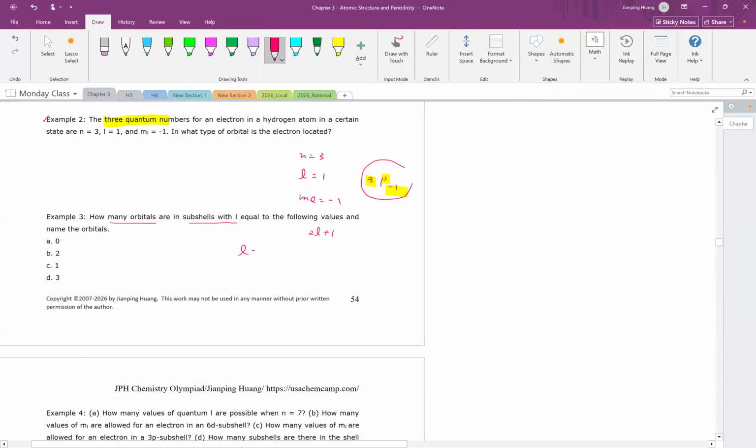When l equals 0, you have one orbital, and that should be s, because ml equals 0. When l equals 2, you should have 5 orbitals. It should be d, because ml equals minus 2, minus 1, 0, plus 1, plus 2.